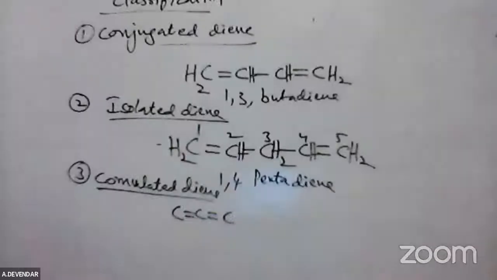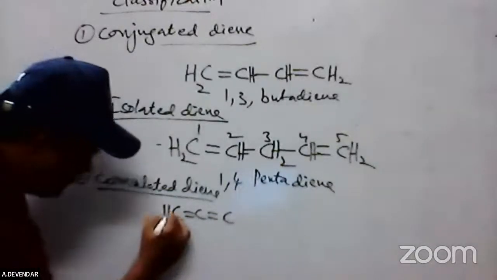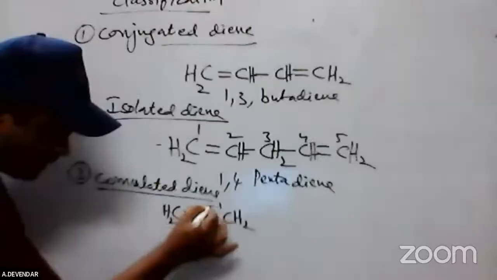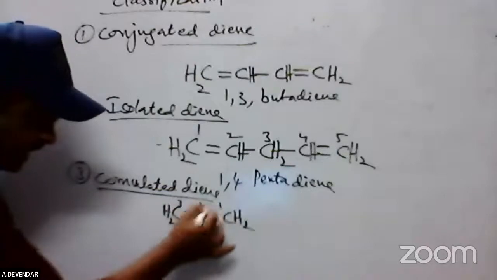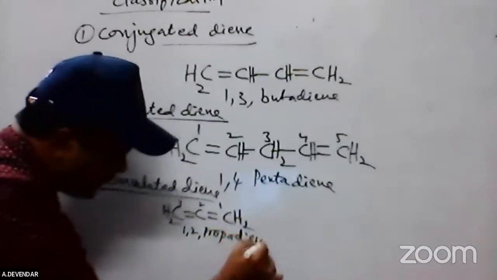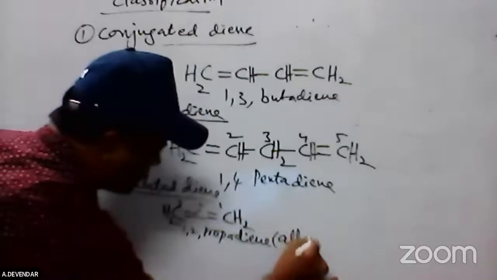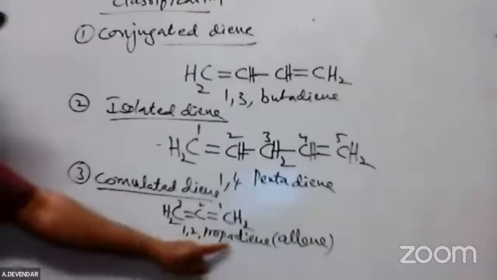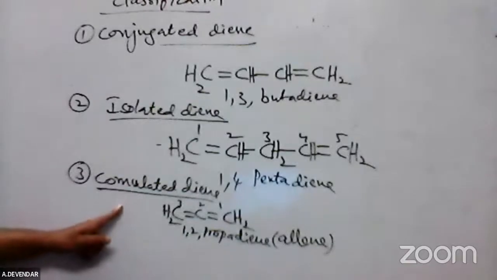Now I am writing it: positions one, two, three. This is 1,2-propadiene. Its common name is allene. The IUPAC name is 1,2-propadiene. This comes under cumulated diene.